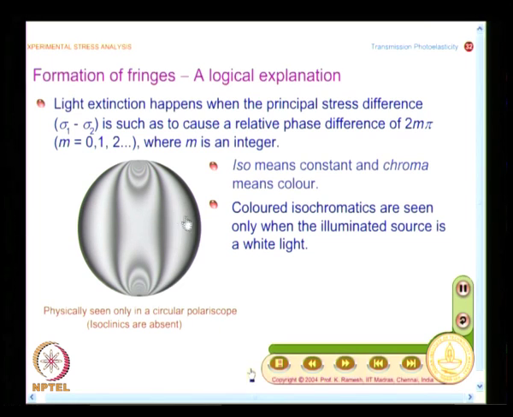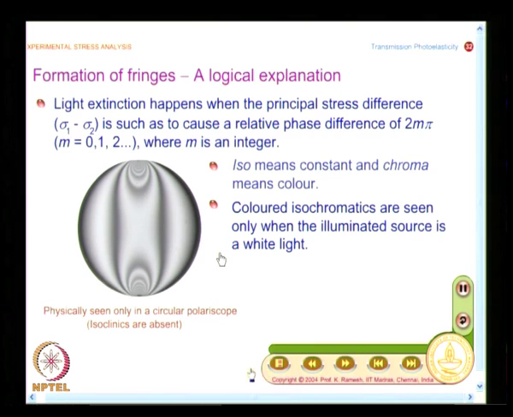So, I see one set of fringe contours, and when I send a monochromatic beam of light, I see this as black and white contours, whereas we have defined isochromatics as iso meaning constant and chroma meaning color. Colored isochromatics are seen only when the illuminating source is a white light.